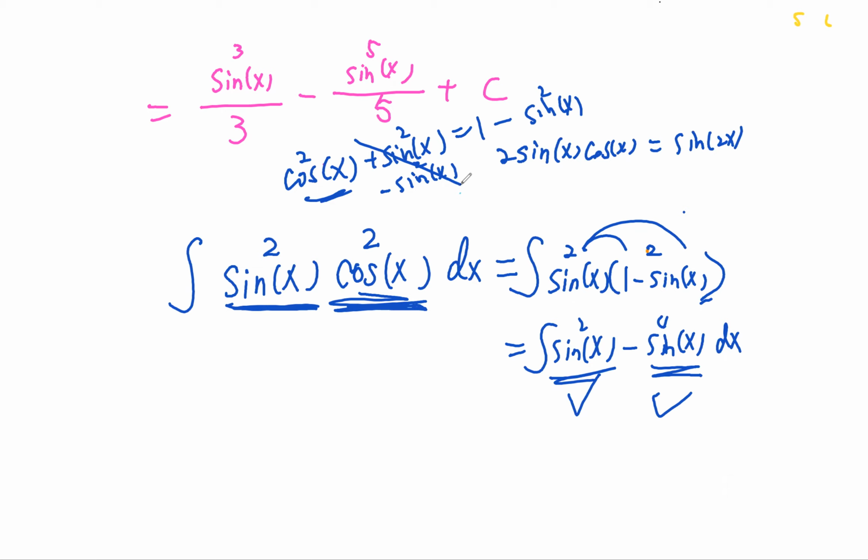If we follow this one, then we're gonna convert the whole thing to be sine 2x. So we're gonna have 2 sine 2x because we have 2 of sine x, 2 of sine cosine x, right? So I can give a 4 right here.